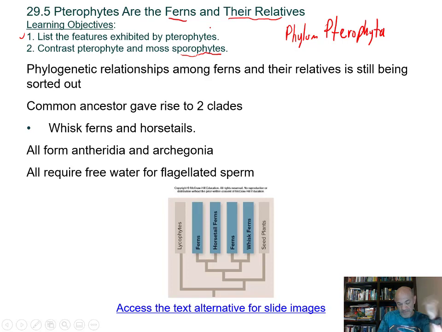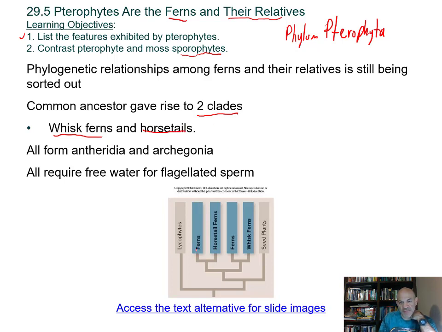Some more recent studies have found that the relationships within this group are still not well understood. But generally, it's been agreed that there are two major clades, the whisk fern clade and the horsetail clade.